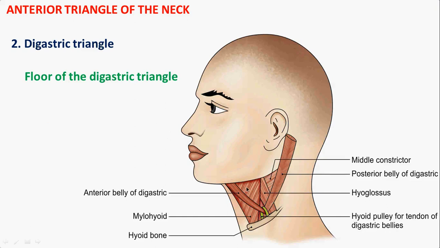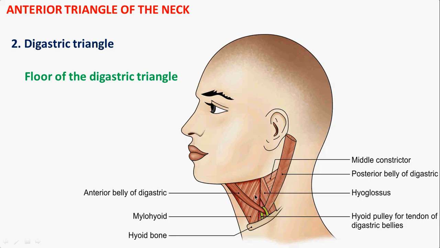Now the floor of the digastric triangle. So here you can see the floor is formed by, in the anterior part, one muscle, that is the mylohyoid muscle, and in the posterior aspect, the hyoglossus muscle.